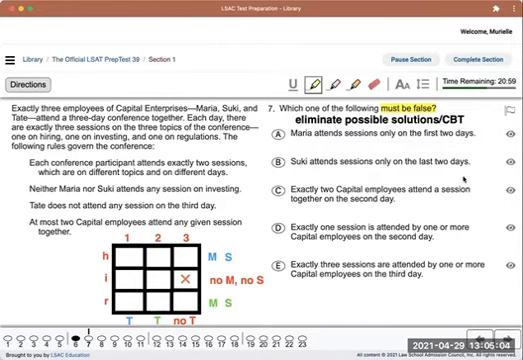Maria attends sessions only on the first 2 days. I mean, that seems possible. Suki attends sessions only on the last 2 days, also seems possible. Don't see any reason why not. Also, because M and S have the same rules that apply to them, the first 2 days and the last 2 days, at least in relation to M and S, are equivalent.